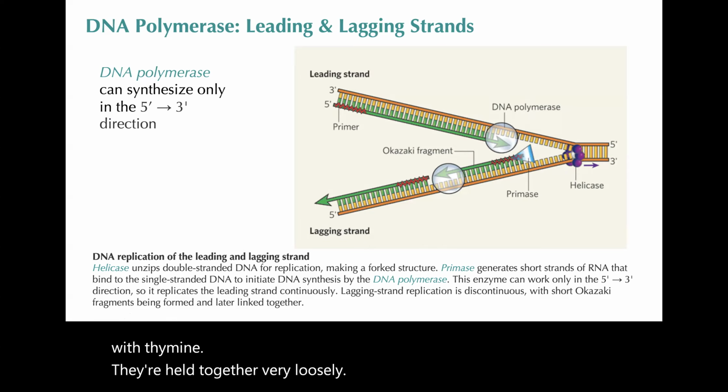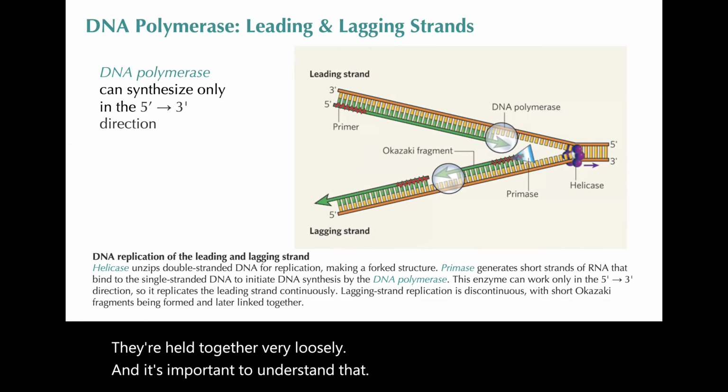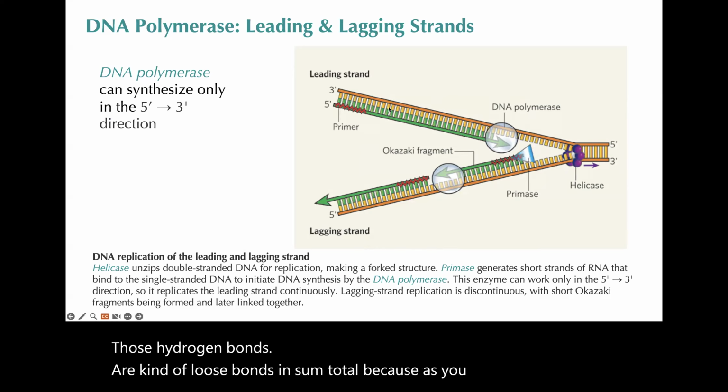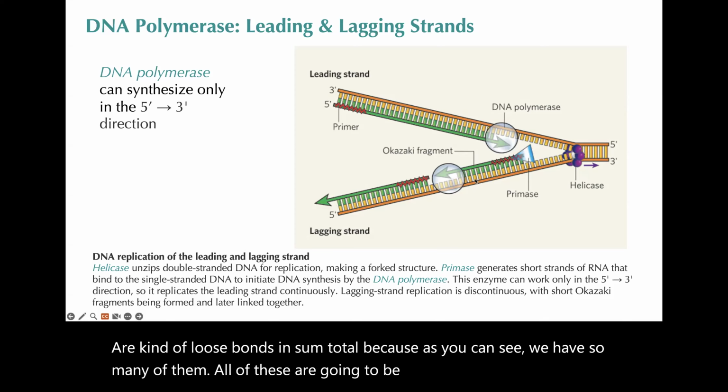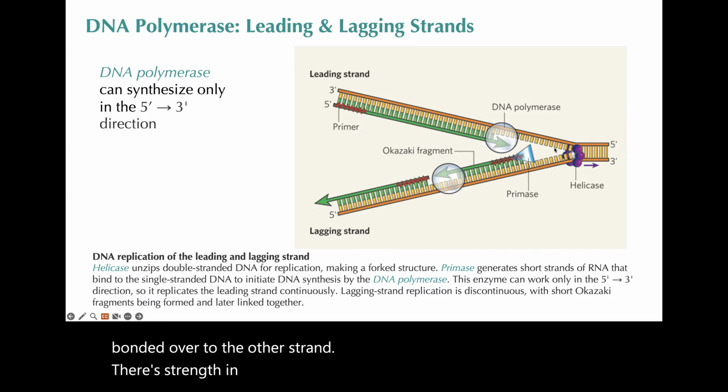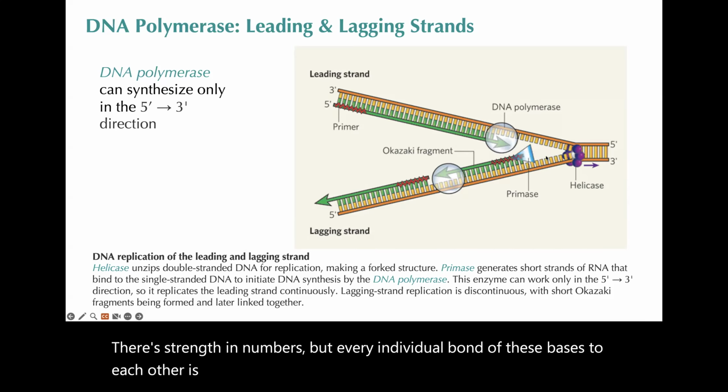And it's important to understand that those hydrogen bonds are kind of loose bonds, because as you can see, we have so many of them. All of these are going to be correspondingly hydrogen bonded over to the other strand. There's strength in numbers, but every individual bond of these bases to each other is only a loose association.